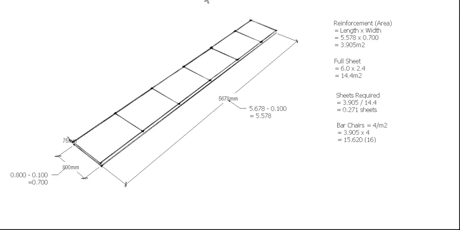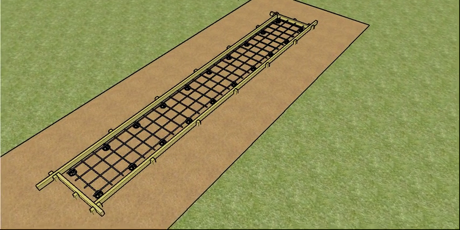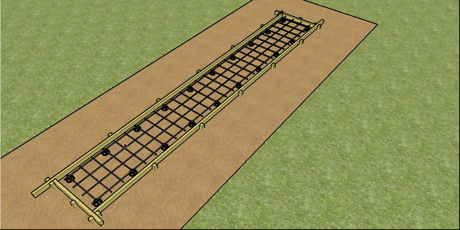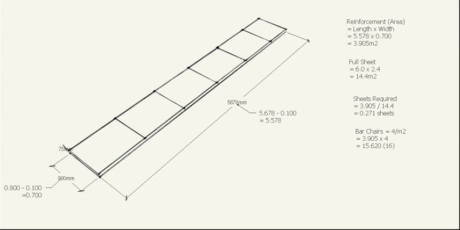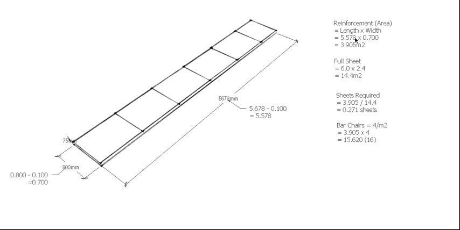Now, if you go back to the picture and do a quick count, you'll find there's actually 20 bar chairs in that picture. That's because this slab's less than a metre wide, so that formula is going to give us a bit of a false answer. What you could do to compensate is take the length of the slab, which is 5.578, or you could say 6 metres.